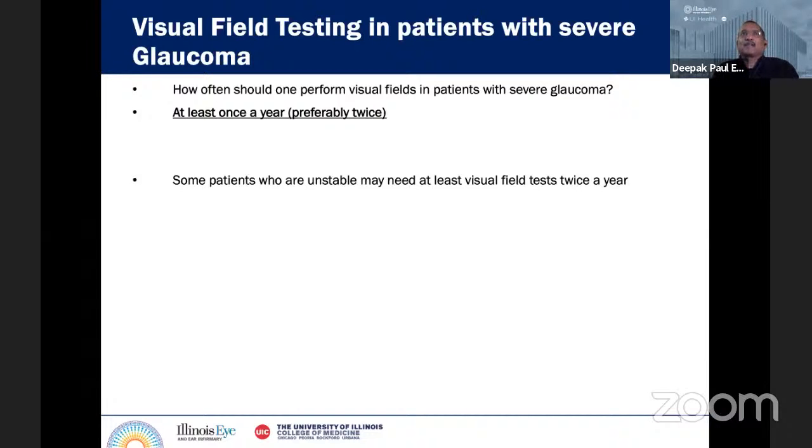But I think with severe glaucoma, the kinds of patients I show you, you want to monitor them at least twice a year. Things change, and especially when the visual field is involved in the central location, stakes are high, and you want to be monitoring them soon. Patients who are unstable probably need to be monitored at least twice a year.